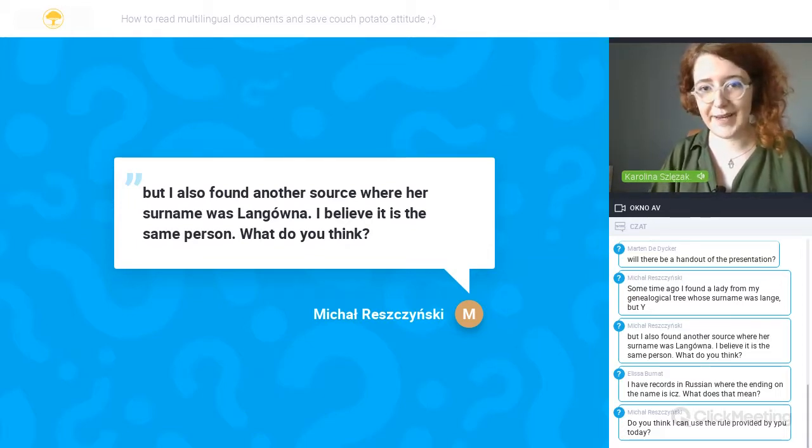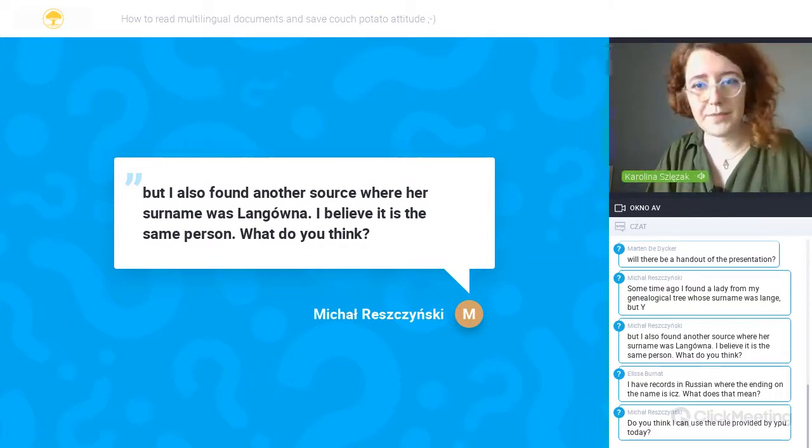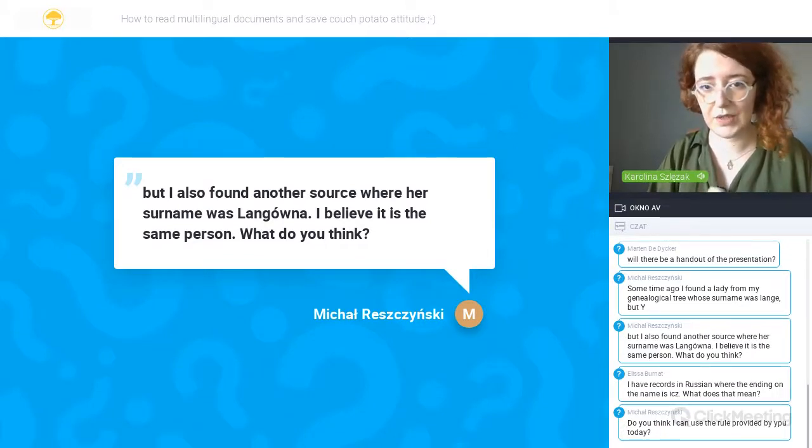Sometimes we just see the Lange form, the male form of the surname, and sometimes, depending mostly on the person who was creating the act, we will see it changed to the female forms.